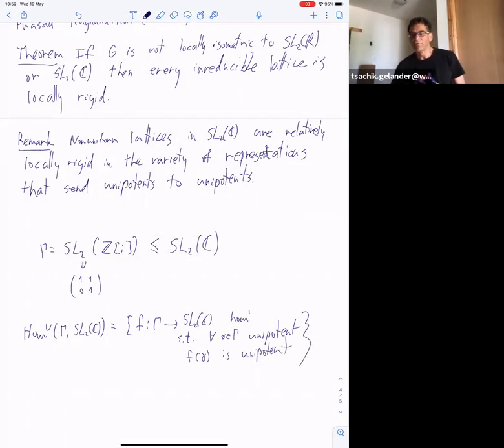Then this is a smaller variety. It's also defined over Q. It also has nice properties.